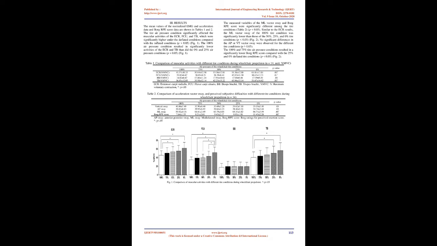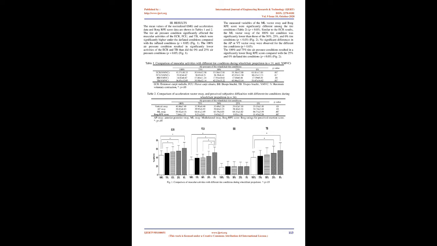Normalized anterior-posterior, AP, medial-lateral, ML, and vertical, VT, acceleration values were calculated using the following formulas: Shin et al., 2016. AP, ML, and VT were each computed as the axis acceleration divided by the sum of the three axes, multiplied by 100.